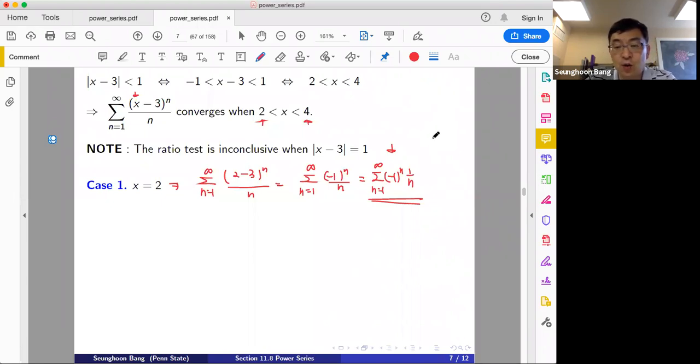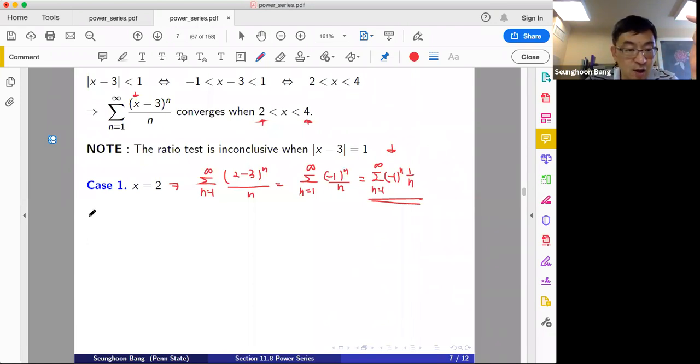Do you remember? We can use the alternating series test. What is the alternating series test? If the alternating series satisfies two conditions: the first condition, the sequence Bn is decreasing; the other one, the limit of Bn equals 0. If it satisfies the two conditions, the alternating series is convergent.